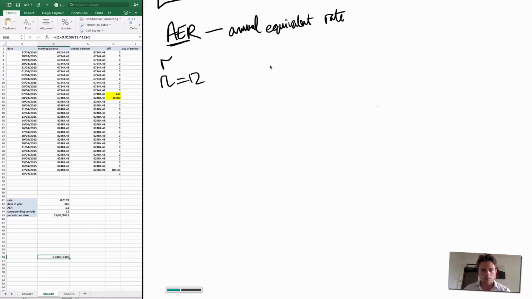So let me just illustrate it with an example here. For our compounding, we have our initial investment, and then we have 1 plus R over n, to the power n. This is our final balance after 1 year, where n is the number of compounding periods within the year.